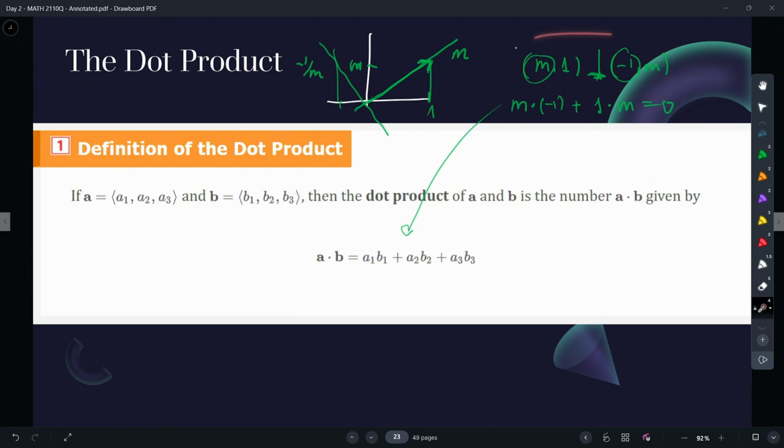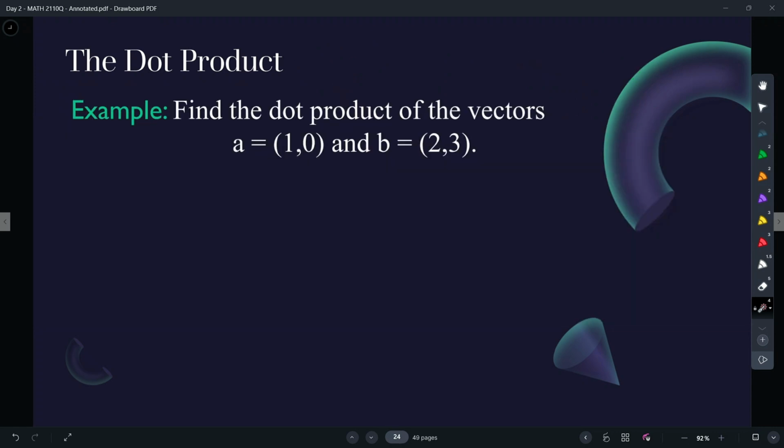And you can see here that if I do the sum of the products of the coordinates of those two vectors that we know are perpendicular, I do get 0. So that's actually the feature we're looking for in the definition of the dot product. So let me just work it out in a couple cases. So what is the dot product of A and B?